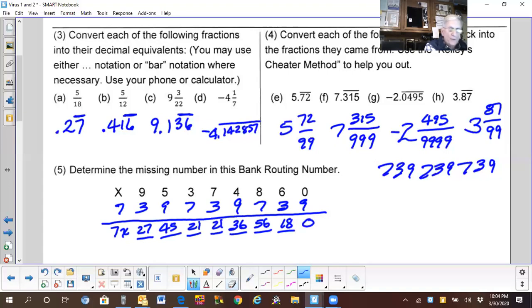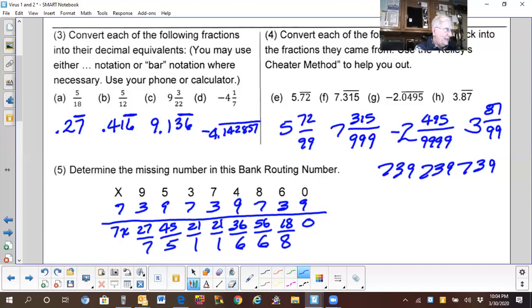Now, all the numbers I underlined, I'm going to change to mod 10 numbers. And if you recall, any number in mod 10 arithmetic is the last digit of the number you're looking at. So 27 is simply 7, 45 is 5, 21 is 1, 36 is 6, 56 is 6, and 18 is 8.